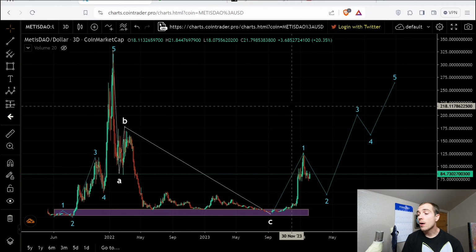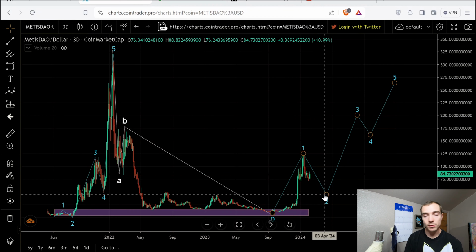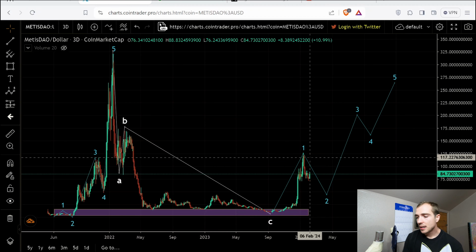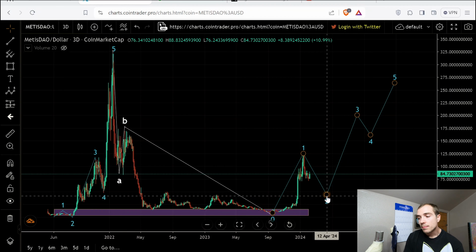And with MeidasDAO, I think that this $84 is really only the start of this new cycle. And even if the short term pulls back a little bit, which who cares if it does, that's another buying opportunity. Now, this coin is only worth $84 right now.